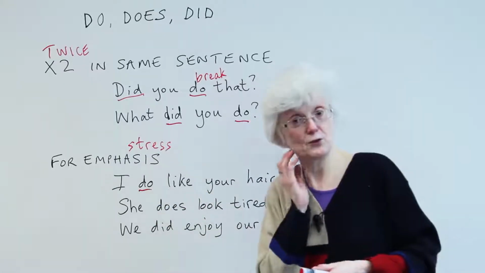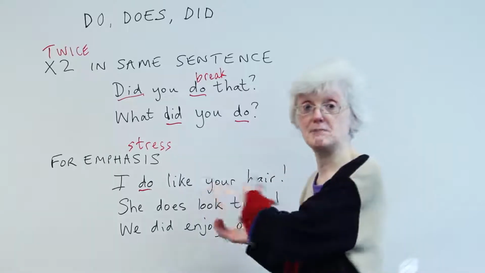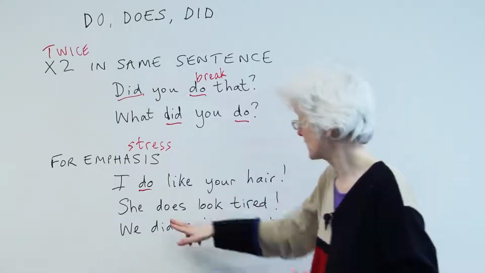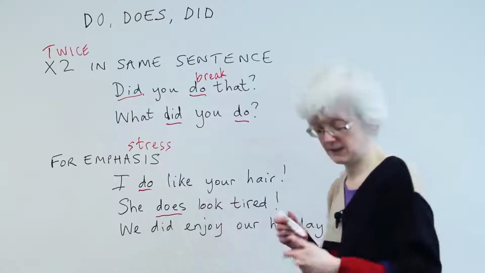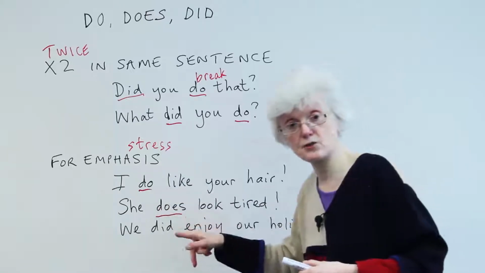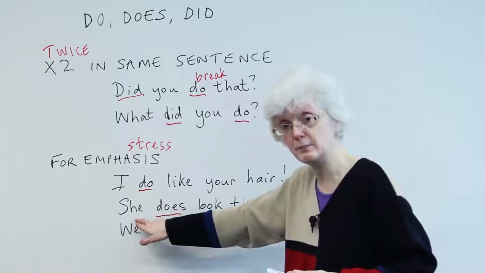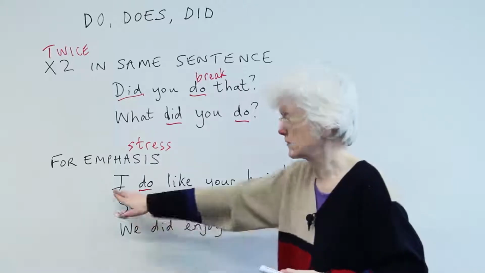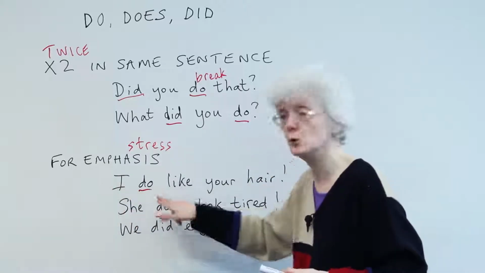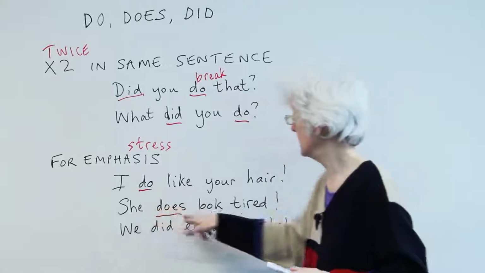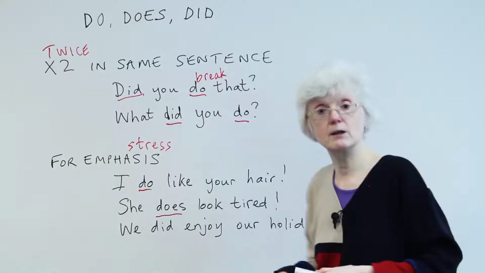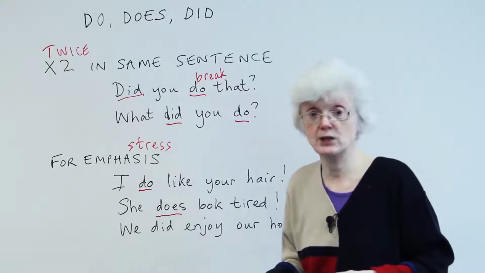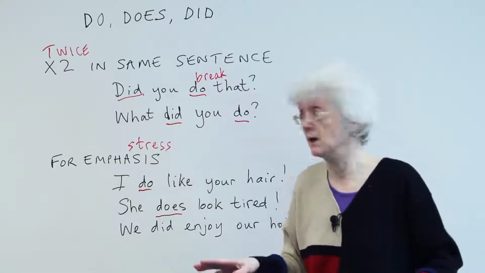It can be used for a less happy reason as well, of course. Oh, she does look tired. Okay, so we go from do to does, remember, because this is the third person singular. This is first person singular. I do, she does. She does look tired. Oh, she can't have slept last night. She does look tired. She's been working so hard.